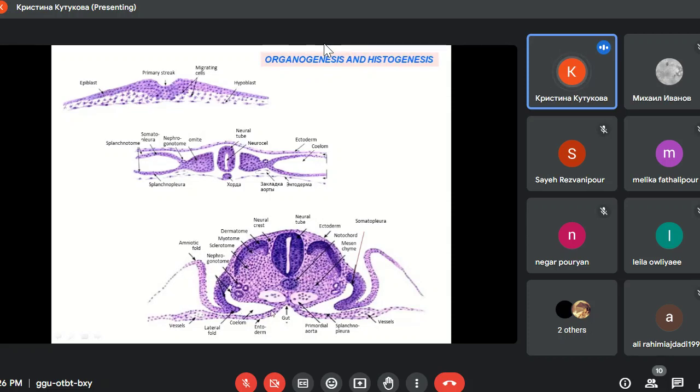The same is for the visceral layer. Before the level of the fold, it will be intra-embryonic mesoderm, and outside of this level of the fold, it will be extra embryonic. Extra means outside, and intra means inside.